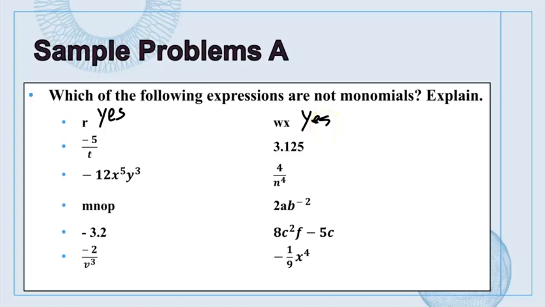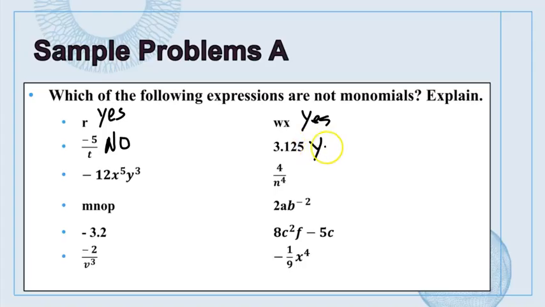I'm not dividing by a variable, so that is important. If you see any division of variables, that's a clear red flag that it's not a monomial. This next one, -5 divided by t. No, this is not a monomial because I'm dividing by t. And remember, a monomial can be a product of a number and a letter, not a quotient.